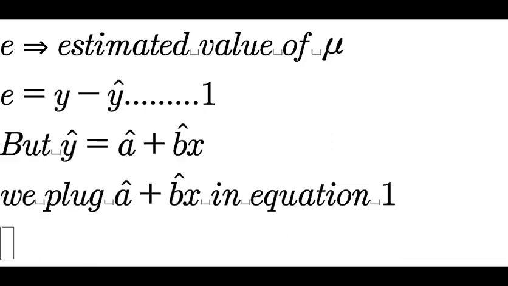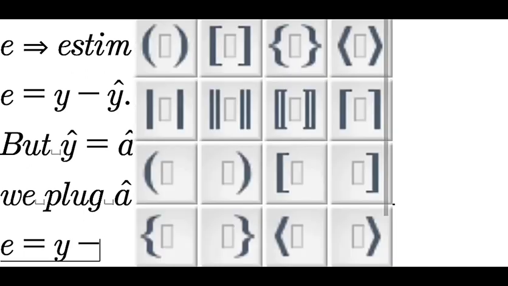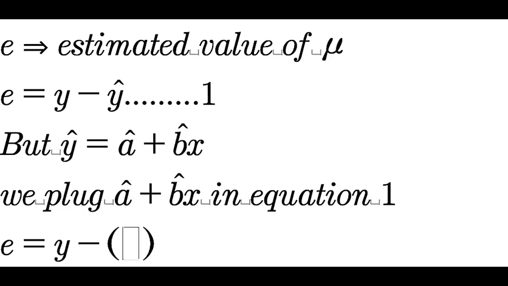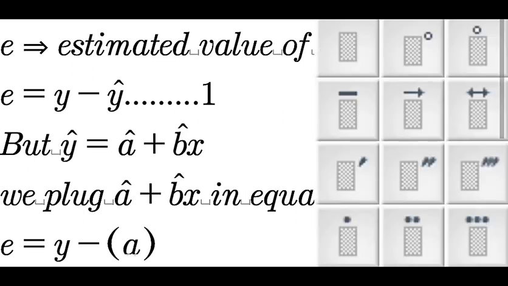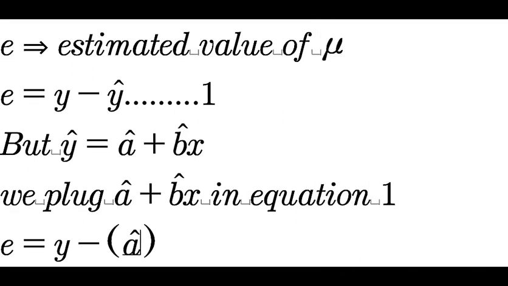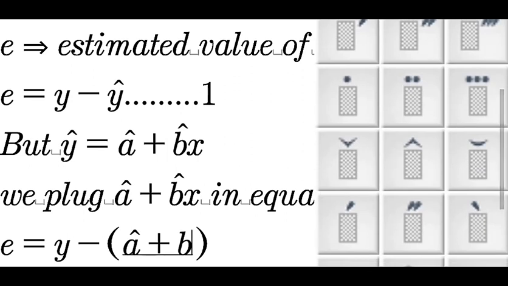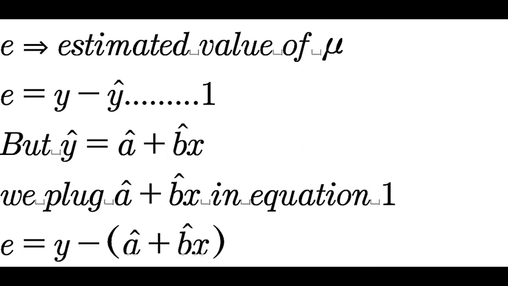Doing that, we have the residual e equal to y minus bracket a hat plus b hat x.